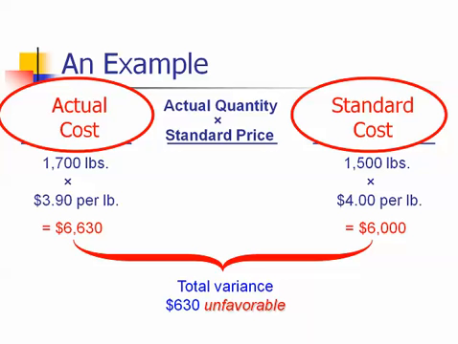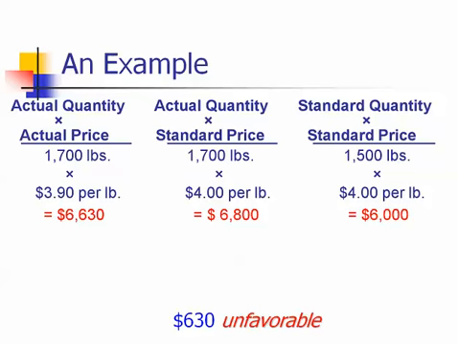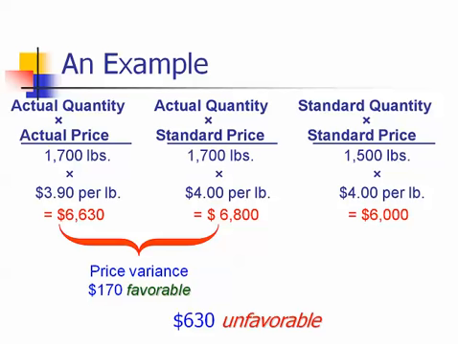Now let's investigate the source of this unfavorable variance. To do this, we must add that center column. In the center column, we have actual quantities multiplied by standard prices for a total of $6,800. So we can break down our $630 unfavorable variance into two variances. A $170 favorable price variance.